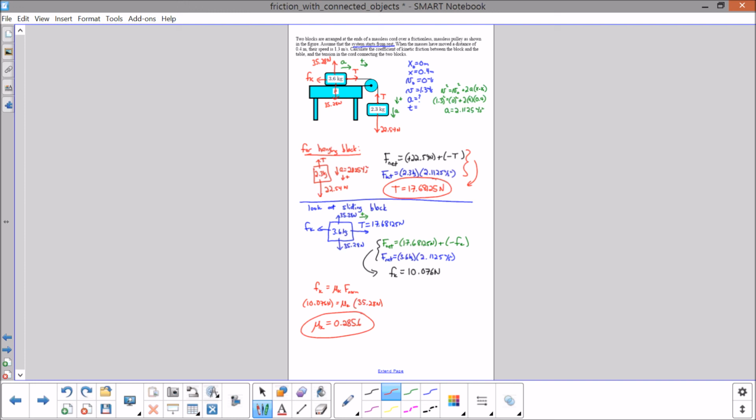And once we had that force of kinetic friction, we could use the definition of the force of kinetic friction, that it's the coefficient of kinetic friction times the normal force. And we knew the force of kinetic friction, and we knew the normal force, and we were able to figure out what the coefficient of kinetic friction was.